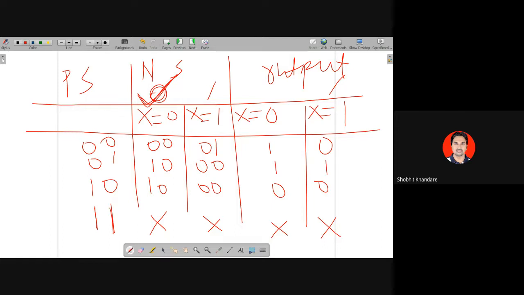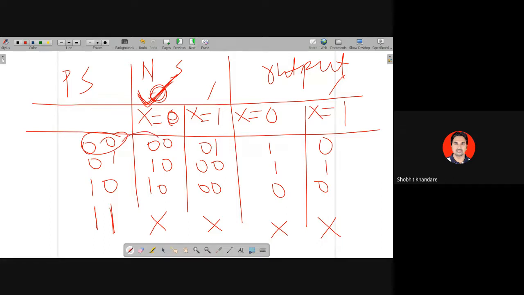Again, I am repeating, you are making the K map for D1. What is D1? Can I say D1 is input? Yes. So, when you are talking about D1, you will be talking about this column. What does this column say? When your input is 0 and you are in state 00, you will go to the next state 00.